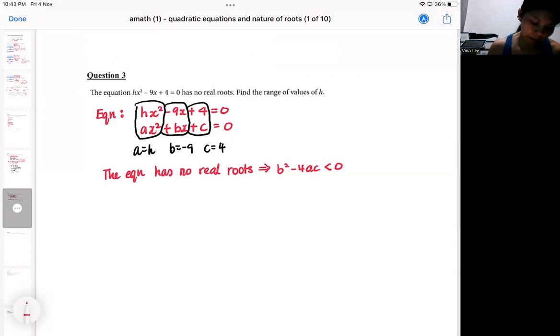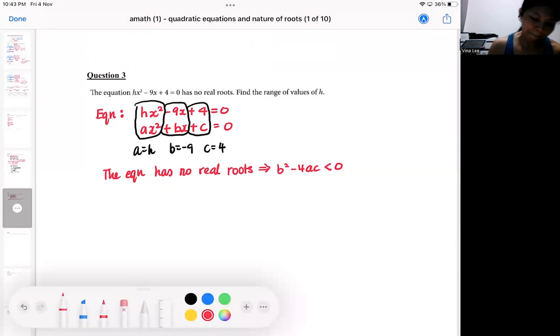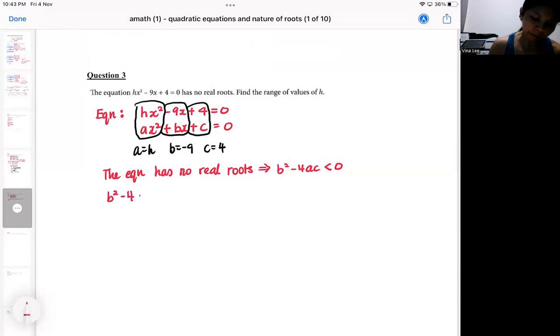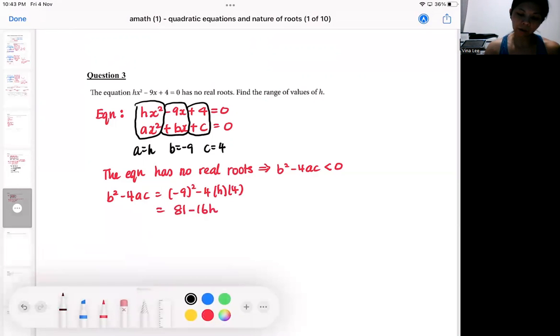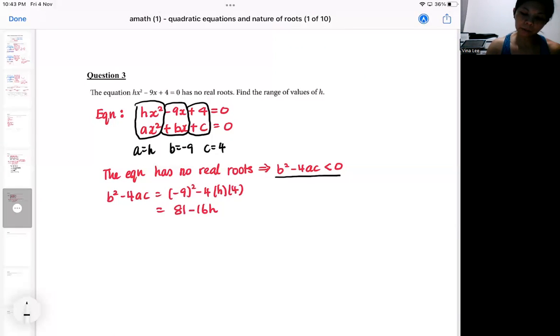So in that case, I'm going to explore my discriminant. My discriminant will be minus 9 squared minus 4ac, so that will be this. I'm going to apply the condition. My discriminant is expected to be negative.